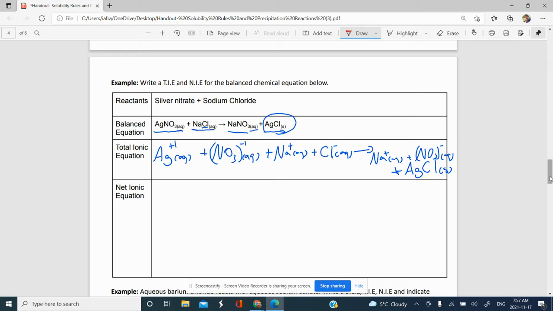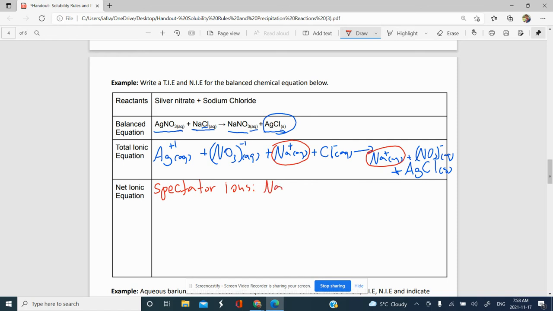So for the spectator ions, what we do is we look on both sides of the equation, the reactant side and product side, and see what repeats exactly the same. So notice that here we have Na plus and Na plus on opposite sides. They repeat. And so because they repeat, they are called spectator ions.